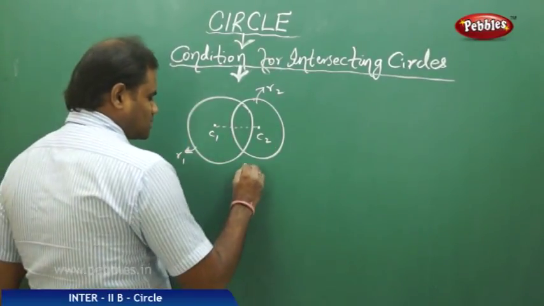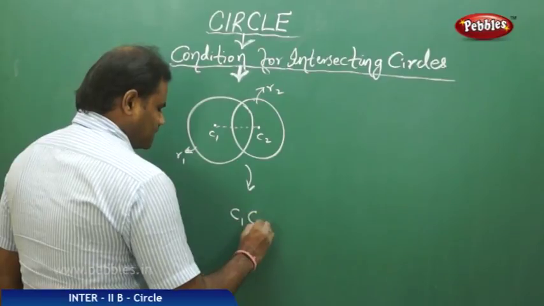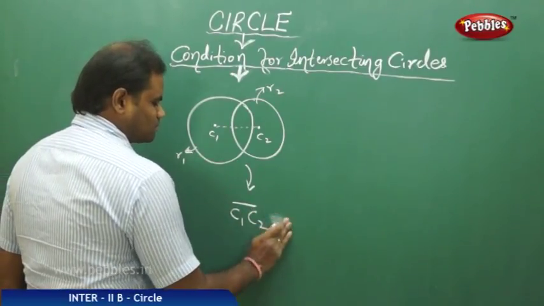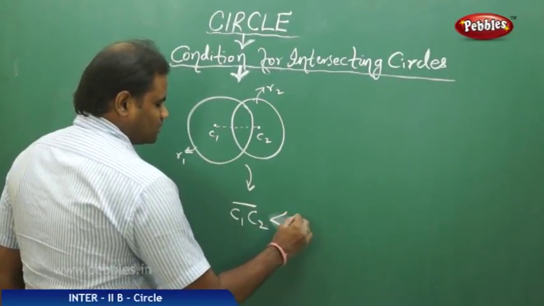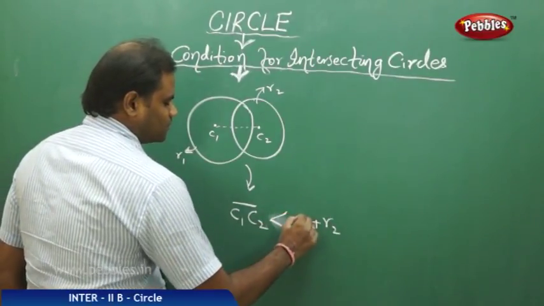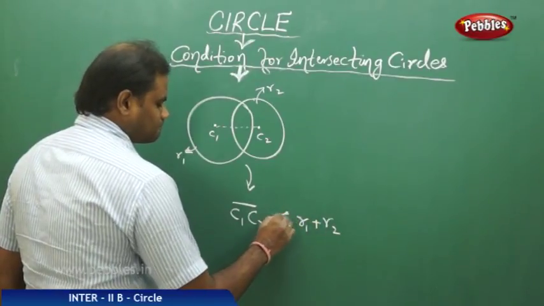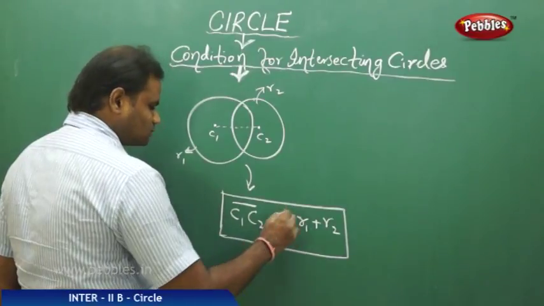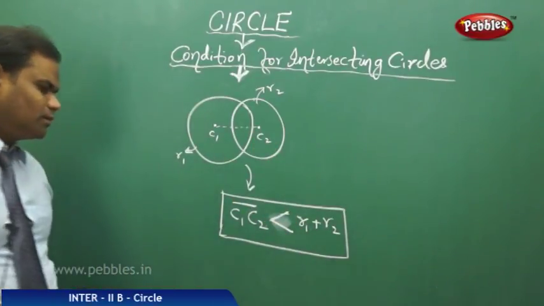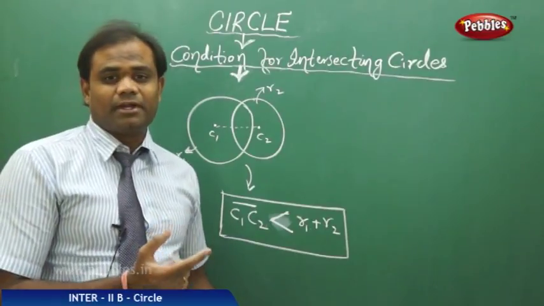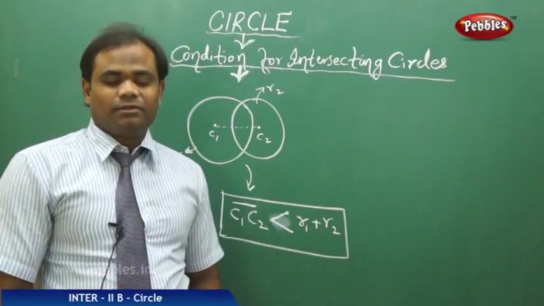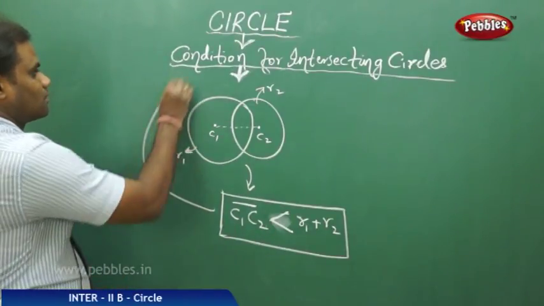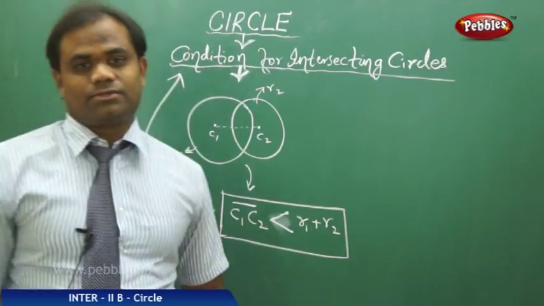Therefore, the condition is that the distance between the two centers is always less than the sum of the radii of the two circles. If the distance between centers is greater than the sum of the radii, the two circles are disjoint. If the distance between the centers is less than the sum of the radii, the two circles are intersecting circles.